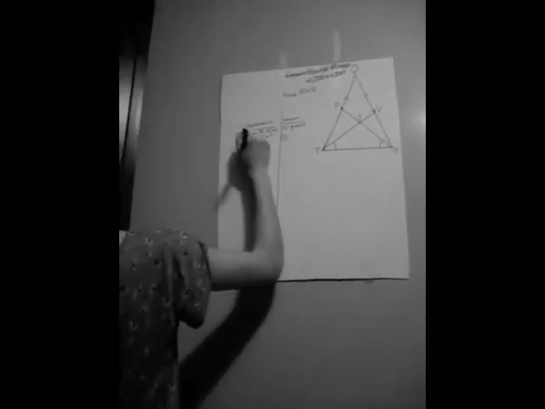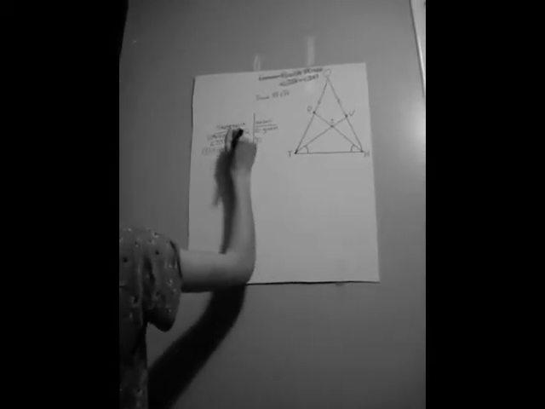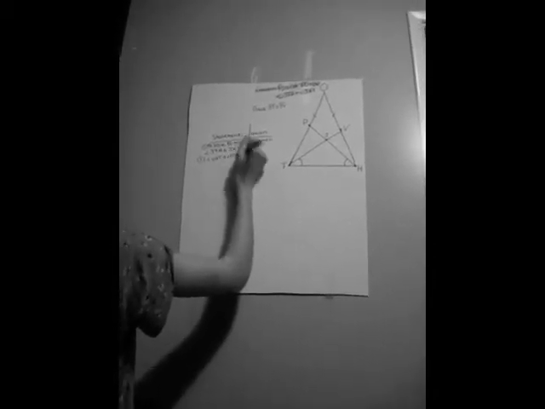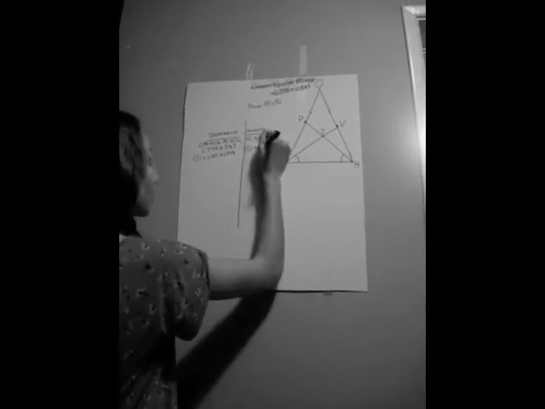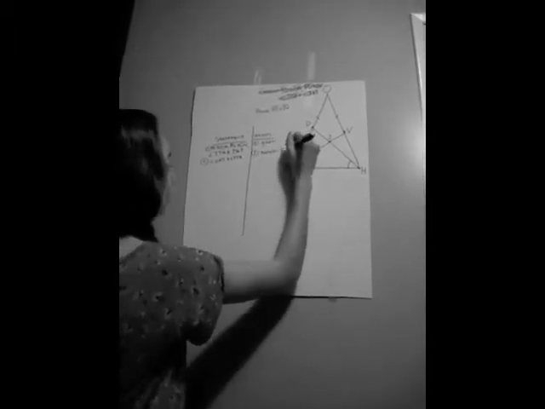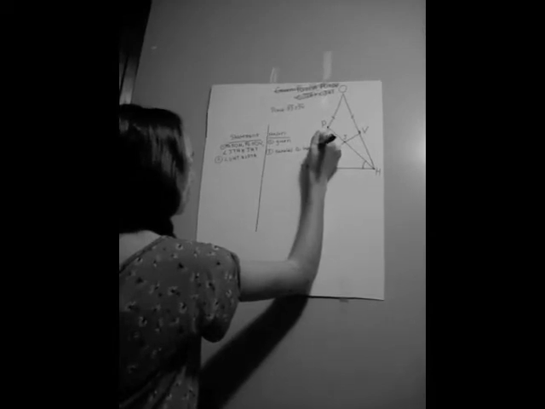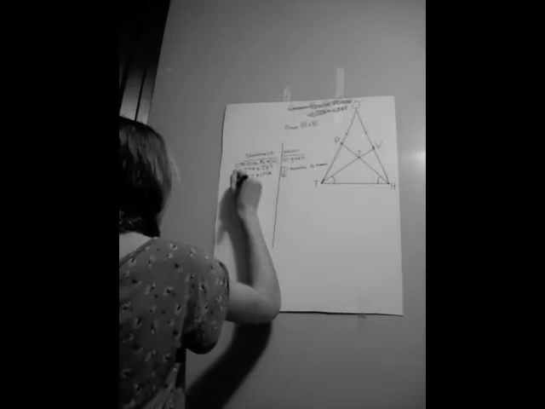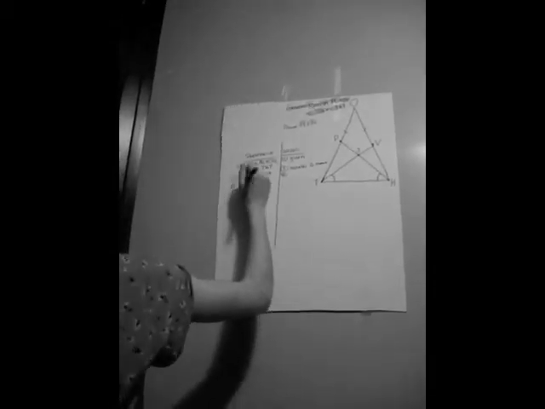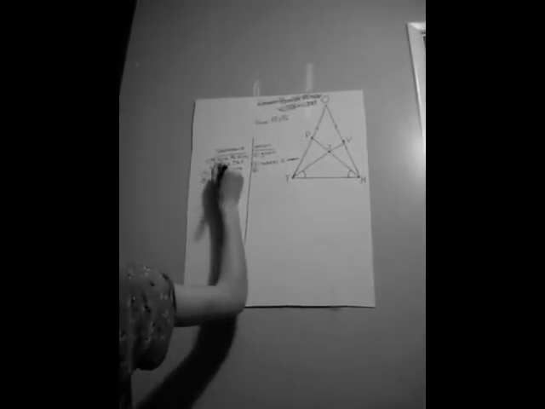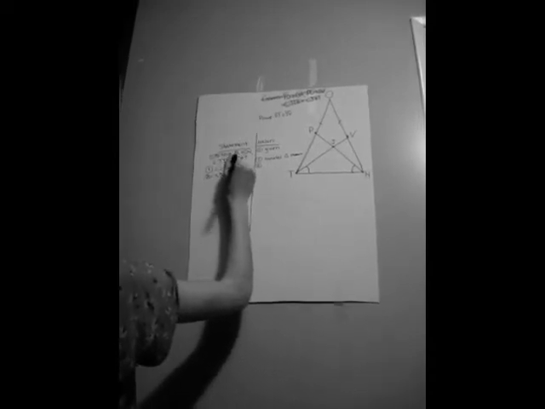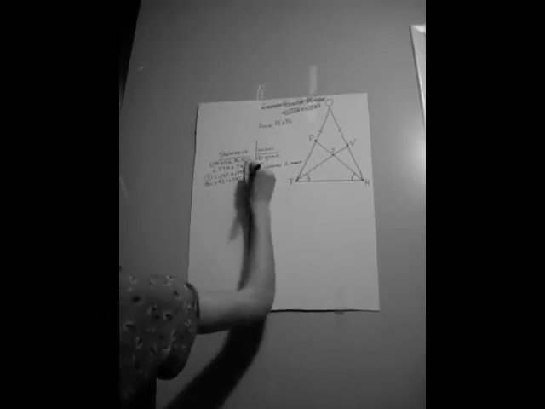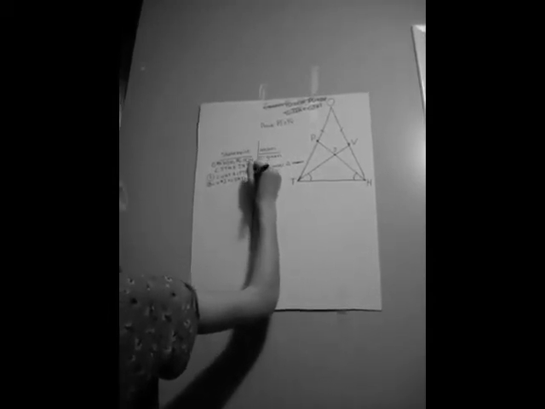So angle VHT is congruent to angle PTH by isosceles triangle theorem. And then I would say that angle VHJ plus angle JHT equals angle VHT.